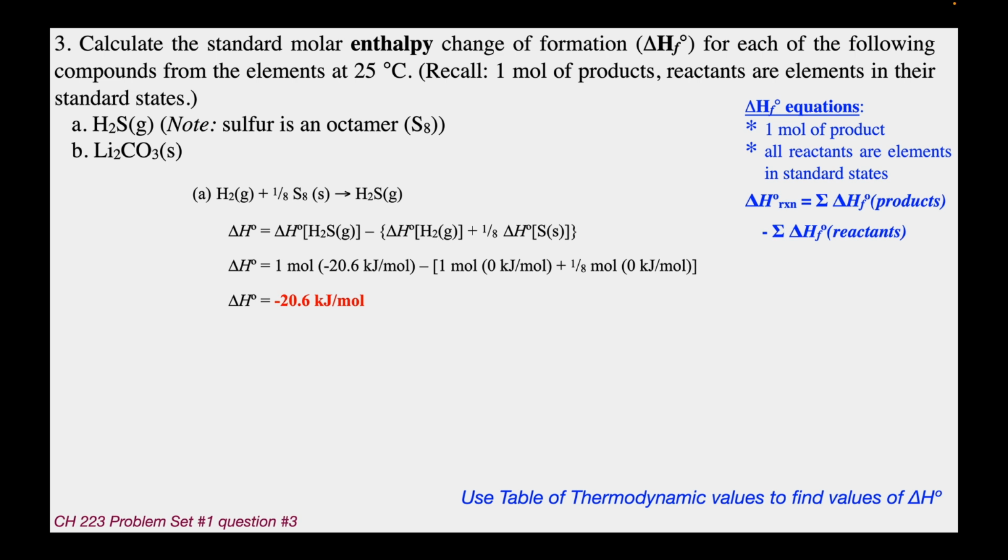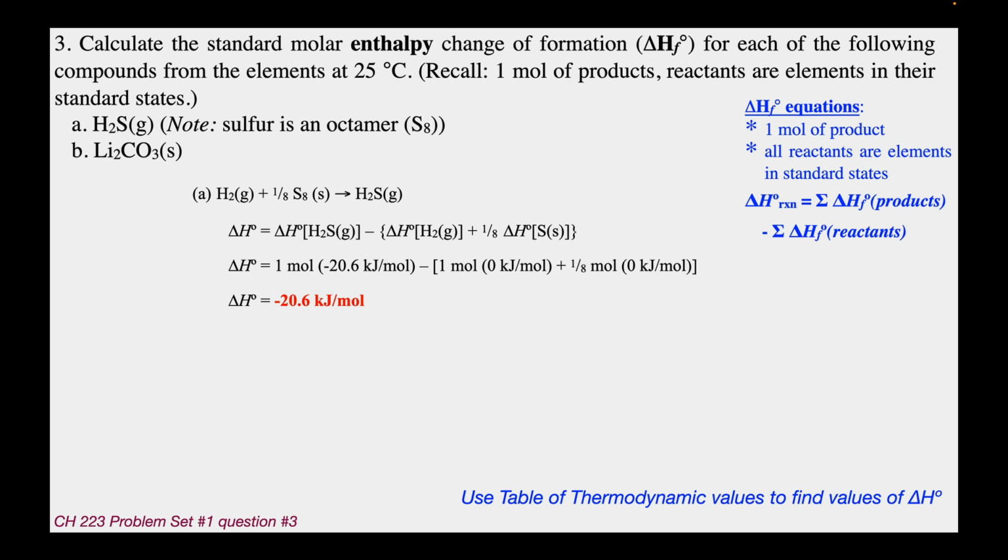Those are the products. And we're going to subtract from it the reactants, which are H2 and S8. But both of those have 0 kilojoule per mole values because, again, they are elements in their standard states. So the delta H for this reaction is literally just minus 20.6 kilojoules per mole.